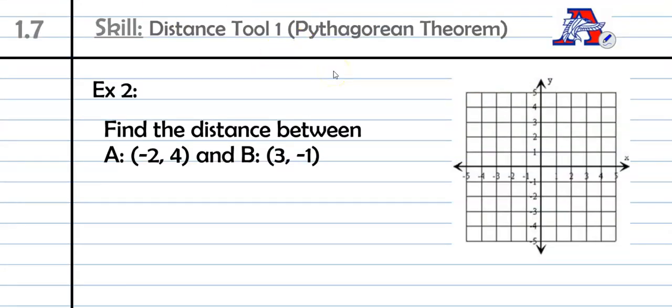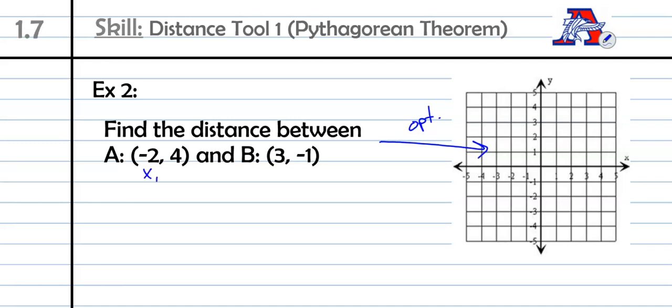Moving on to example 2, we already know the answer if we remember the notes from 1.6, but let's use that other distance tool to figure it out, the distance formula. Now, the cool thing here is we don't even need the graph. If you want to use a graph, you can, but it's optional because we have everything we need. We don't need to draw a triangle.